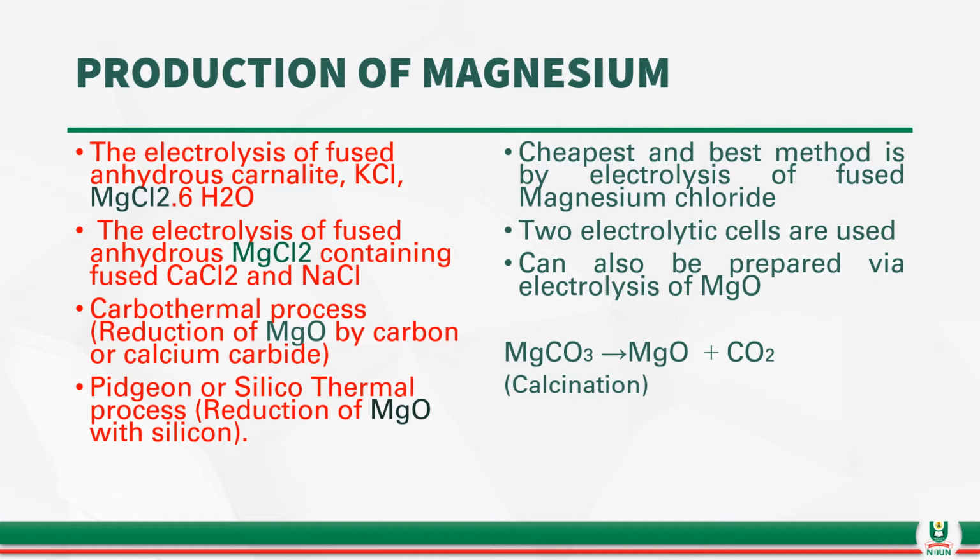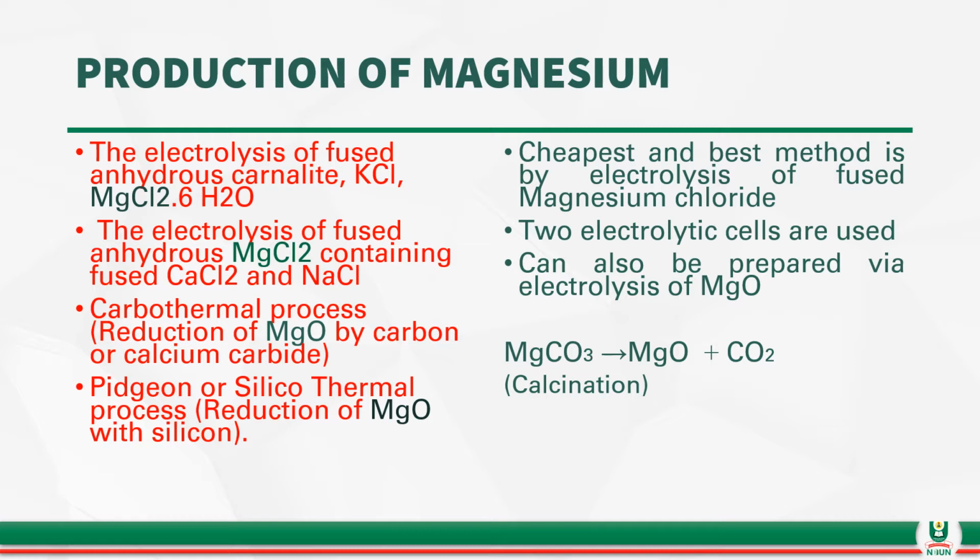The third is a carbothermal process, which involves the reduction of magnesium oxide by carbon or calcium carbide. And the fourth is the silicothermal process, which also involves the reduction of magnesium oxide with silicon.